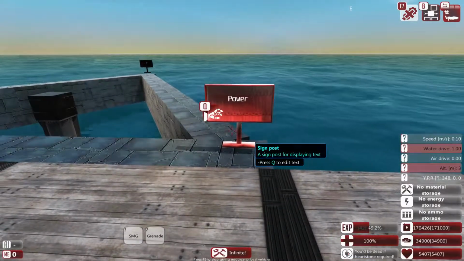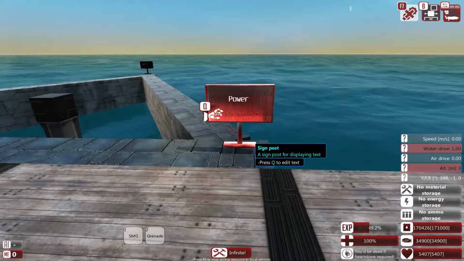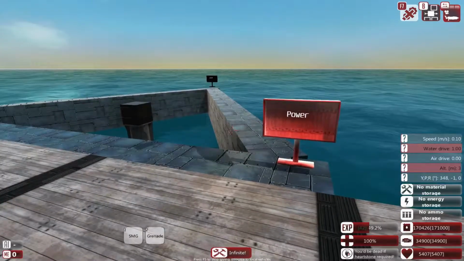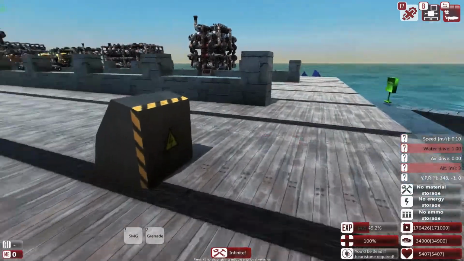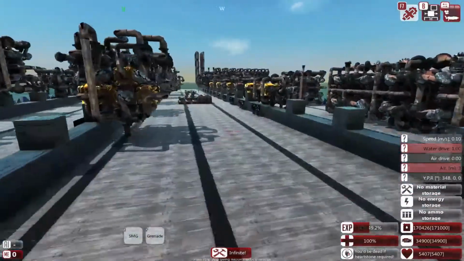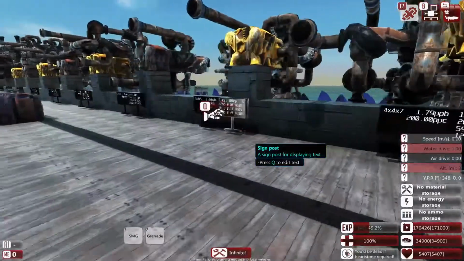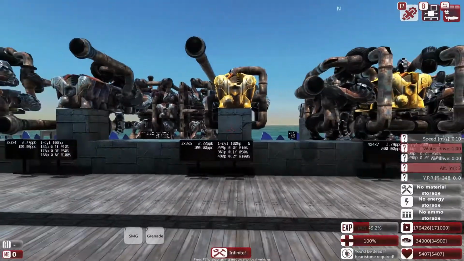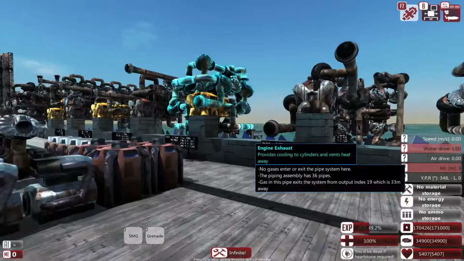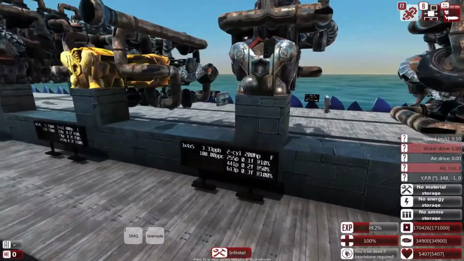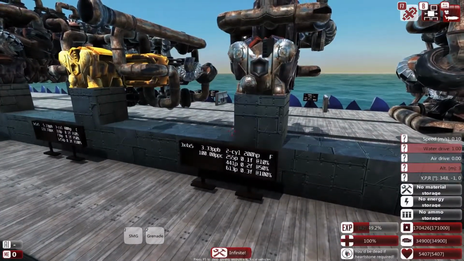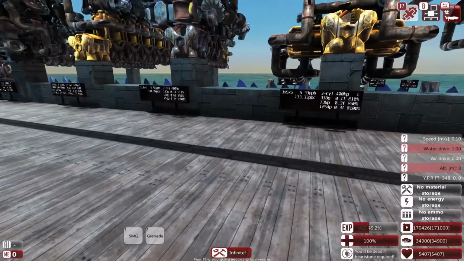Power is easy. Power is the easiest to visualize and see in these engines over here. This motor makes 100 horsepower because it's got one cylinder. Then we get to a two-cylinder that makes 200 horsepower. We get to a three-cylinder.